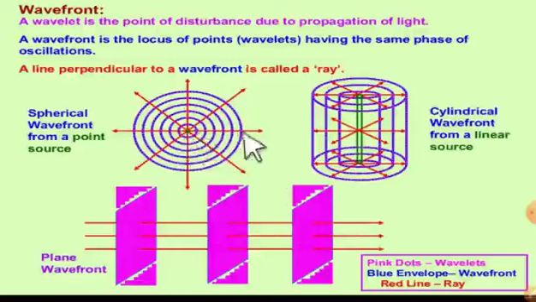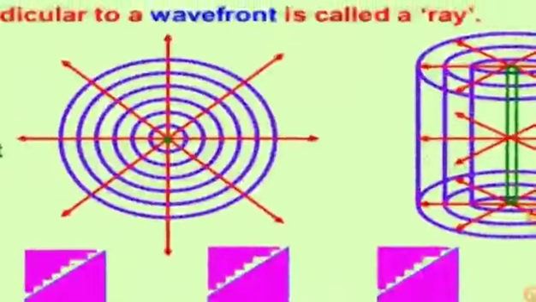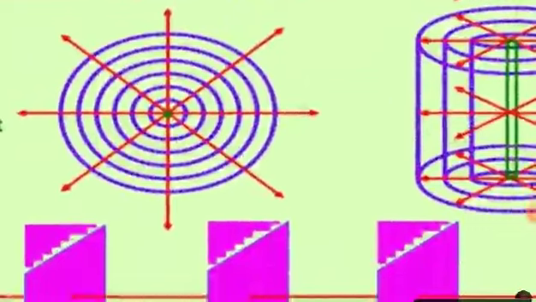Now if your point of observation is very far away from either the spherical source or point source, or from the linear source, and if you take a small portion, if I zoom it like this, and you take a small portion here, then it will be almost plane.